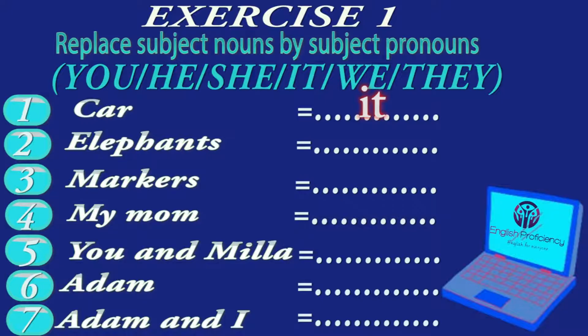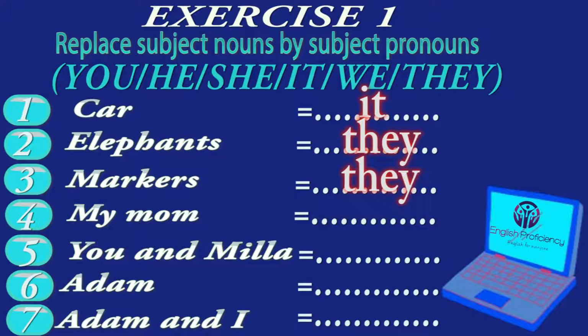So, the subject pronoun to replace elephants is they. Markers is also plural and absent. Therefore, the correct pronoun is they.